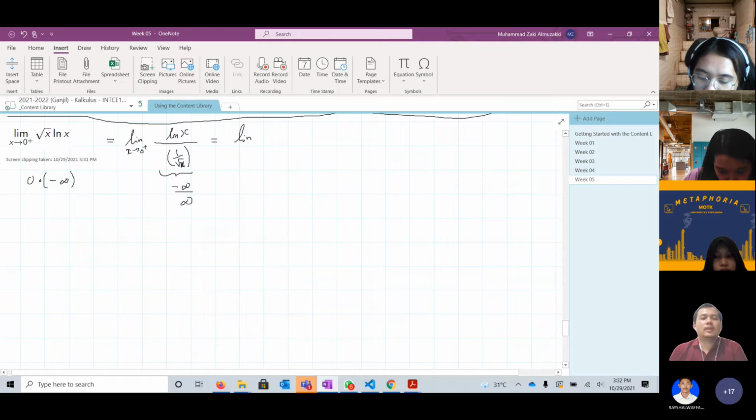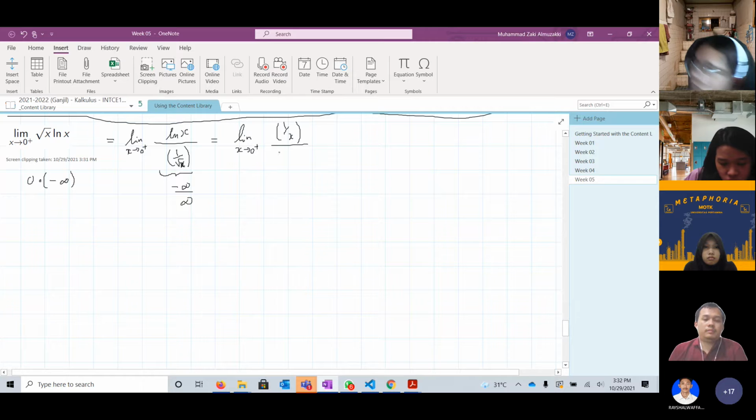So we have limit x goes to 0 from the right. Derivative of ln x is 1 over x. Derivative of 1 over square root of x is minus 1 over 2x power minus 3 over 2.